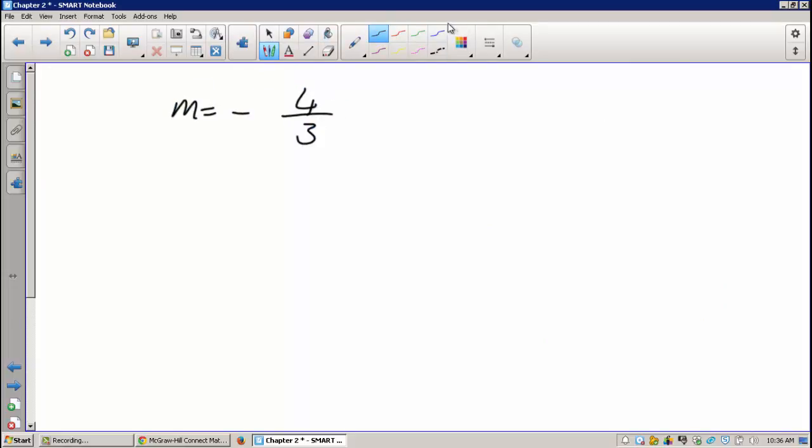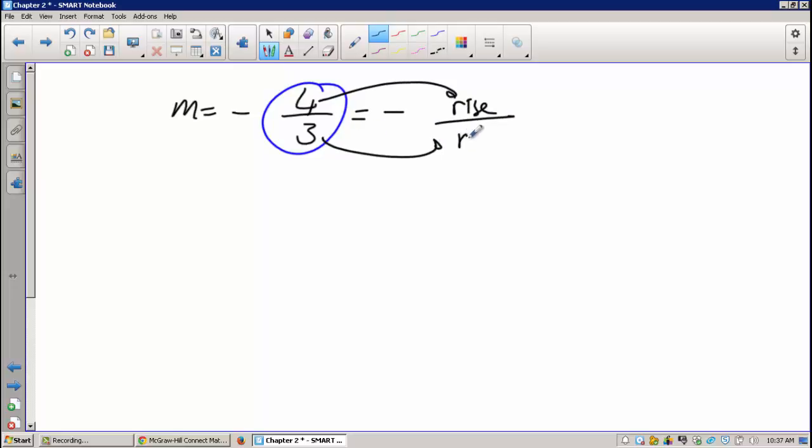But if you have a fraction, fractional slopes are actually easier to understand, because the top number is rise, the bottom number is run. This means 3 steps right and 4 steps down.